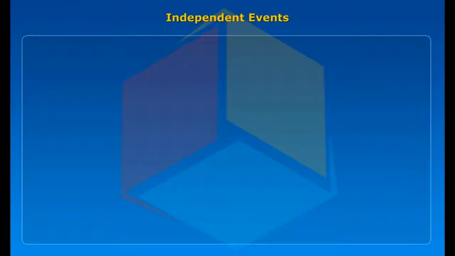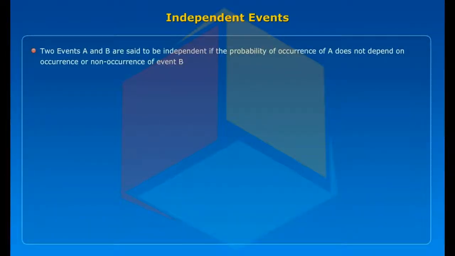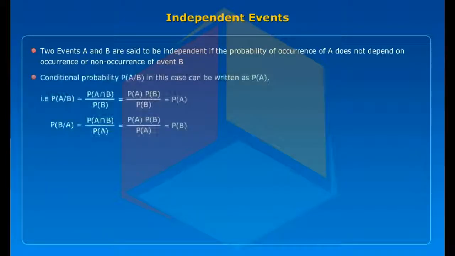Independent events. Two events A and B are said to be independent if the probability of occurrence of A does not depend on the occurrence or non-occurrence of event B. The conditional probability in this case can be written as P(A|B) = P(A), or P(B|A) = P(B).